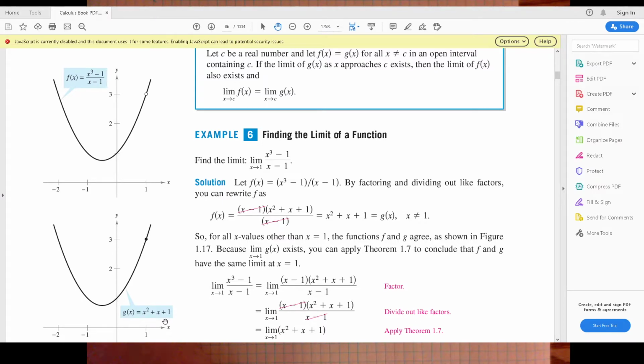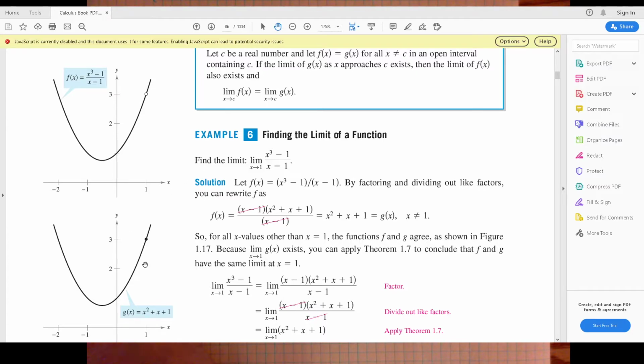This is my new equation. What do you notice about these two? Well, they look the same, except at one spot. Here, there's a solid dot. Here, there is an open dot. That is because at 1, this value is undefined, right? We end up with 0 divided by 0, not allowed. But this equation is the exact same picture except at c.